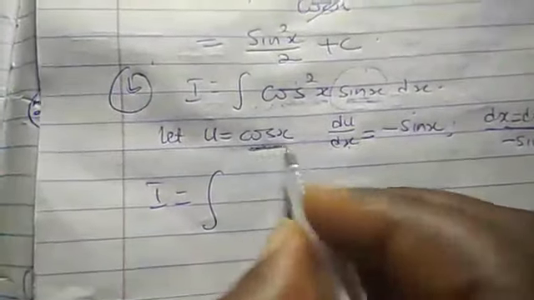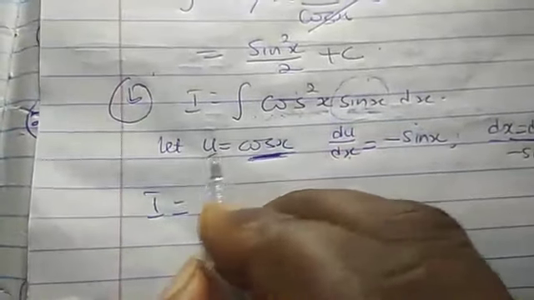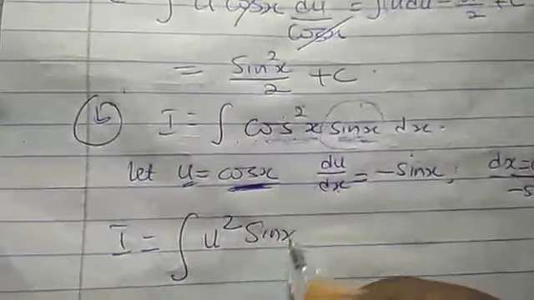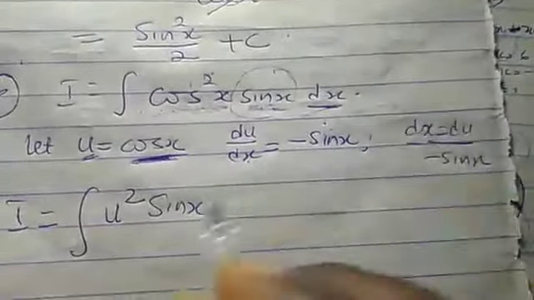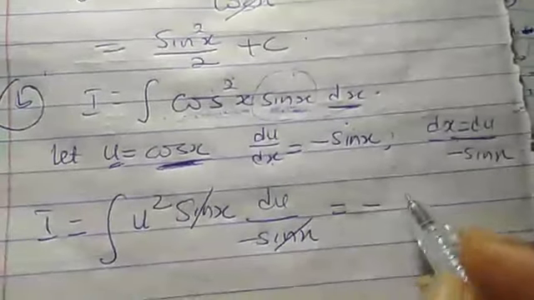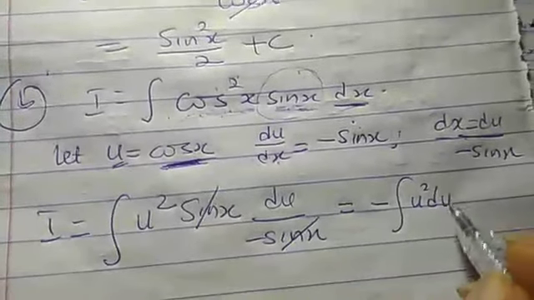So that our I will be: our cos x is u. But I have cos squared x here, so it will be u squared. Sin x has no representation, but dx has a representation, which is du over minus sin x. This cancels this. What we have left is the minus comes out, u squared du.